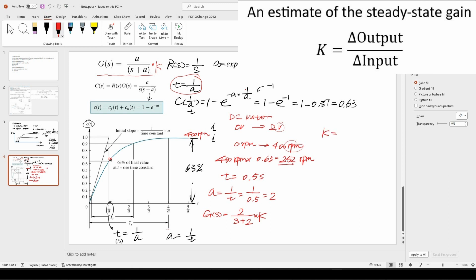The gain is equal to the change of the output over the change of the input. The change of the output is 400 RPM, starting from 0, and the input is 2 volts, starting from 0. So that means this gain is equal to 200.